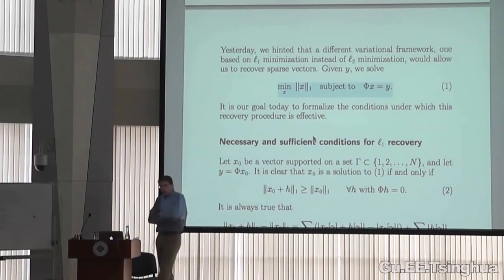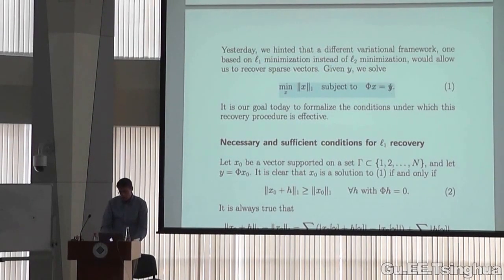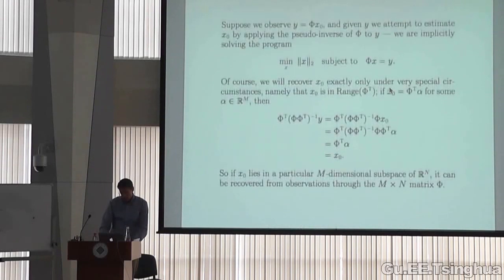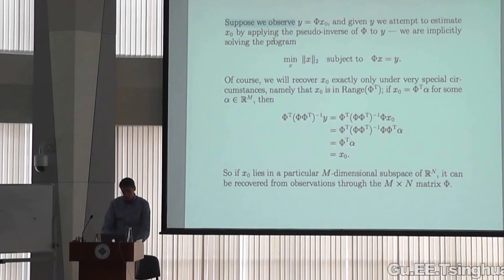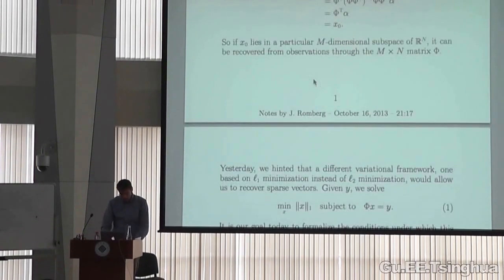Okay, but really what we're interested in is, if we really do believe that y is equal to phi x naught exactly, so this is our model, we don't have any noise involved for the lectures here today.